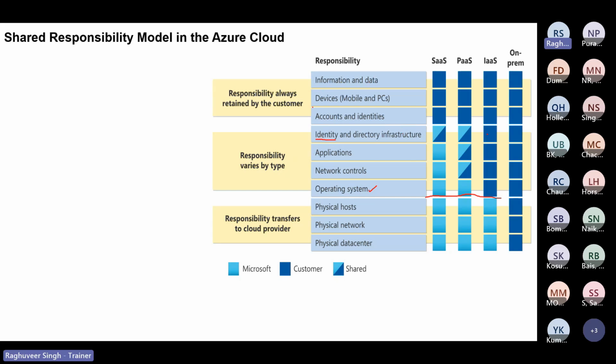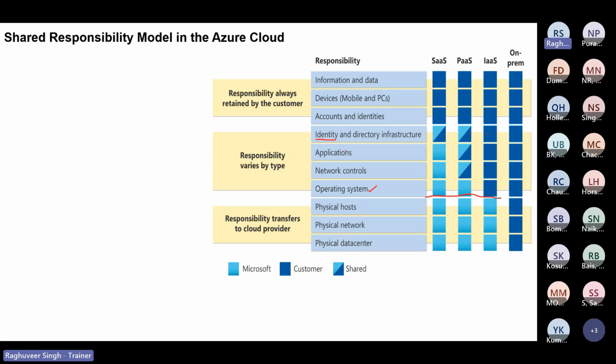And unless you understand this model, you will really not know what you need to secure in the cloud. Whether you are responsible for the security of the service, or Microsoft is responsible for it, or whether it's a shared responsibility. So it is very critical to understand this model, because when you work with Sentinel, which is a security monitoring solution, while you are investigating an incident or creating an analytics rule, this understanding is very important.